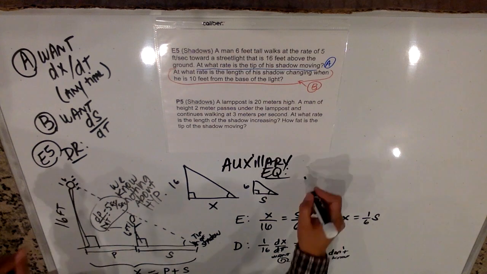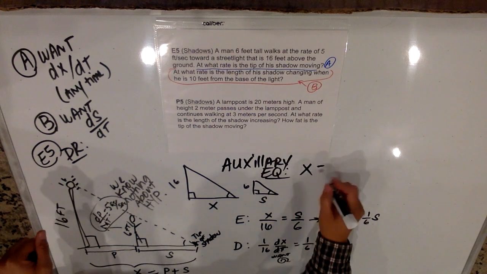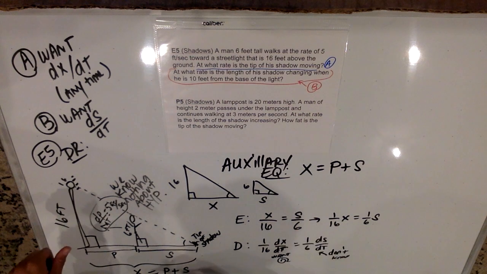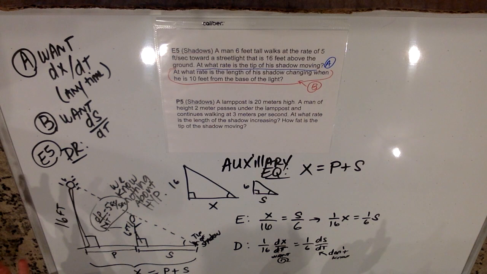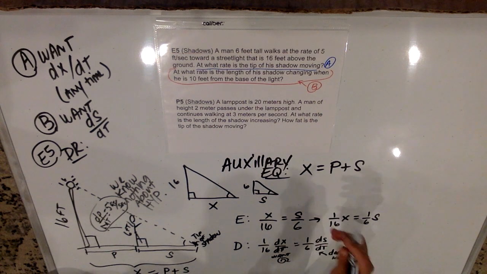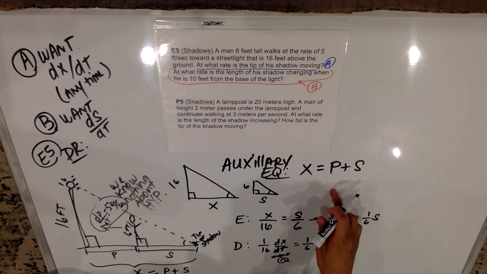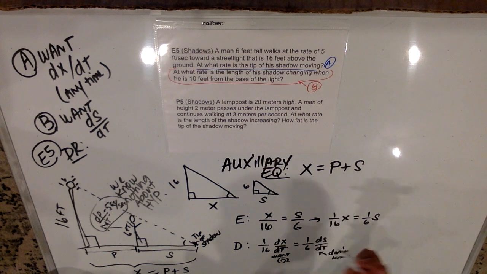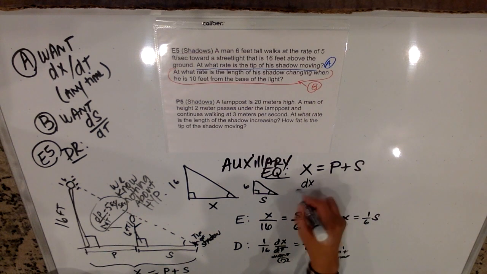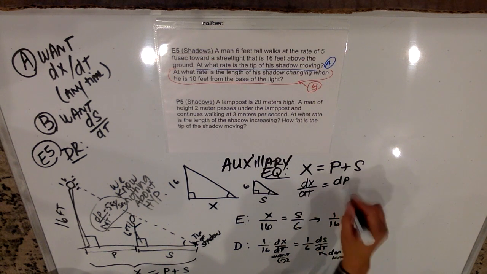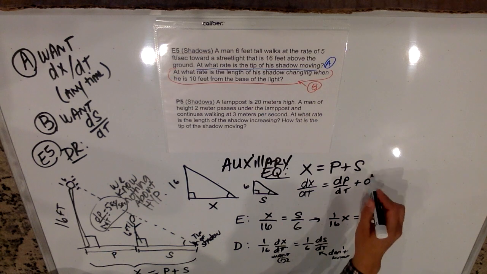So in this case, my auxiliary equation is this one that I wrote down here: if I'm going to call that s and that p, then x is p plus s, right? So if I want, I can differentiate my auxiliary equation, and essentially get dx dt is dp dt plus ds dt.